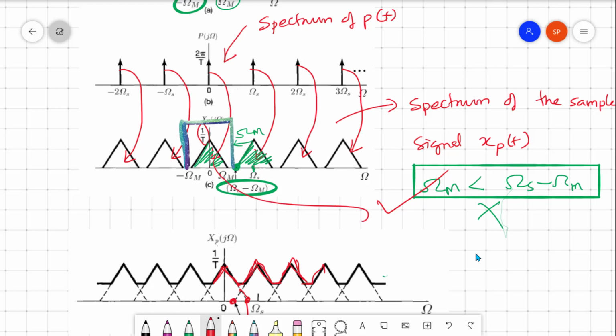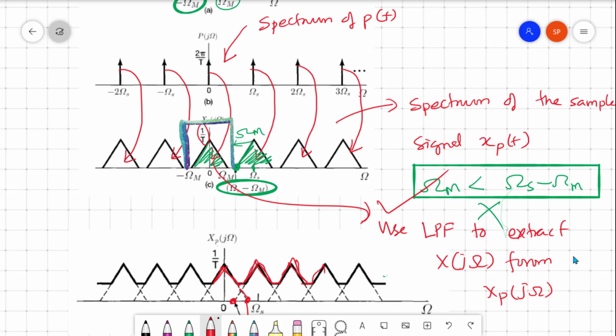So use a low pass filter to extract X of j omega from Xp of j omega. So that is the thing we have to do here, right? That is possible only if the condition omega m less than omega s minus omega m is satisfied.